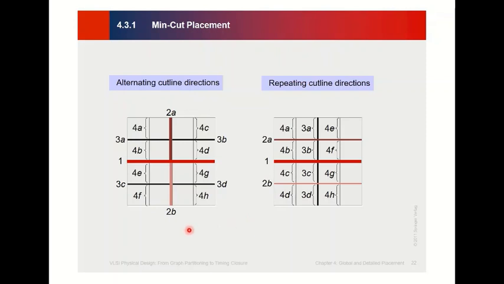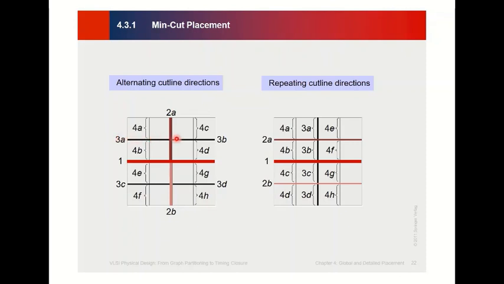We can have alternating cut line directions. What it means is, first we cut in horizontal direction to split into two areas, above and below. And then now we cut vertically to split into 4 regions. And then after cut vertically, we cut horizontally.